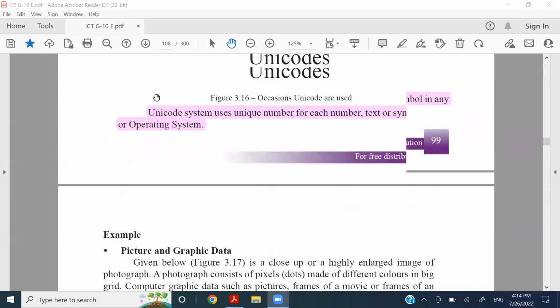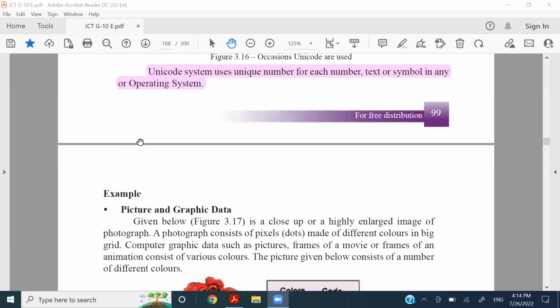Right. So we have to write some examples as well, since it has got a lot of data. Regarding the example, it's better you write this.